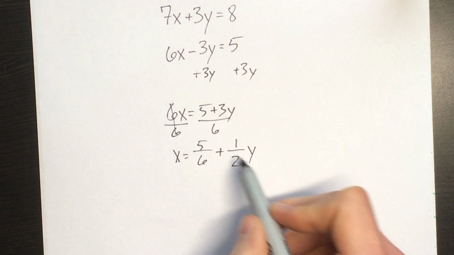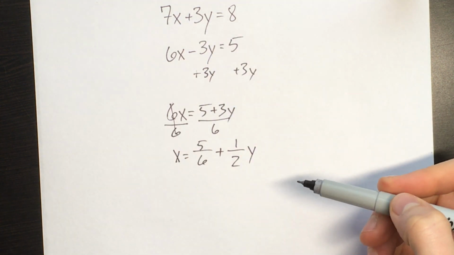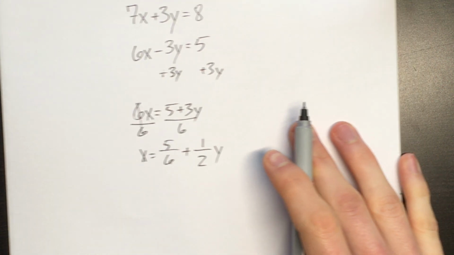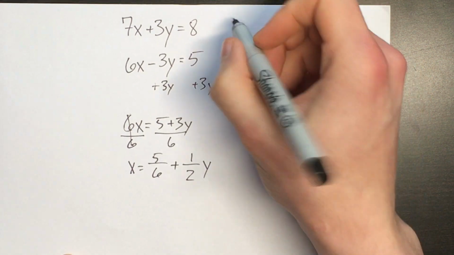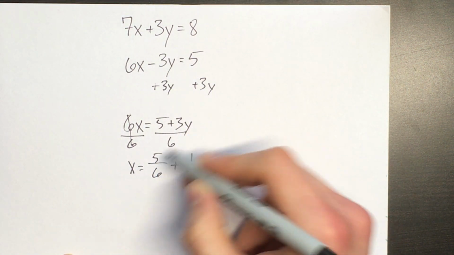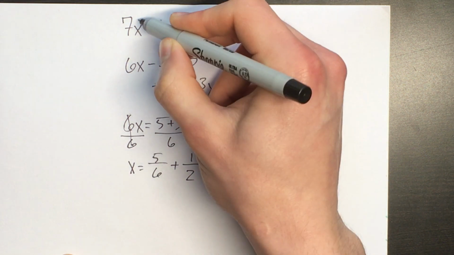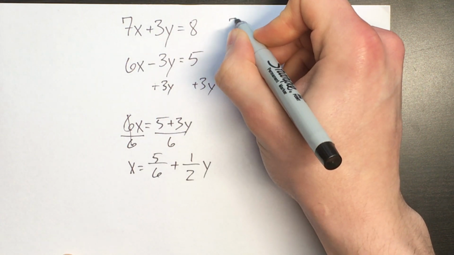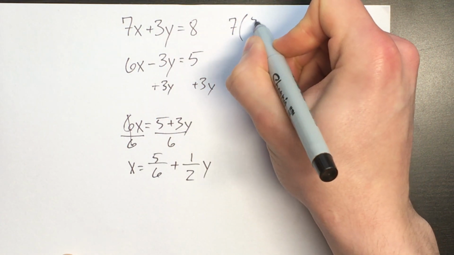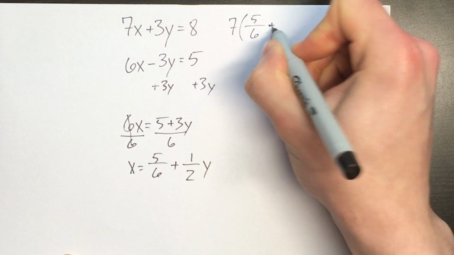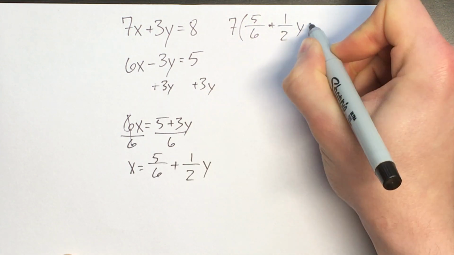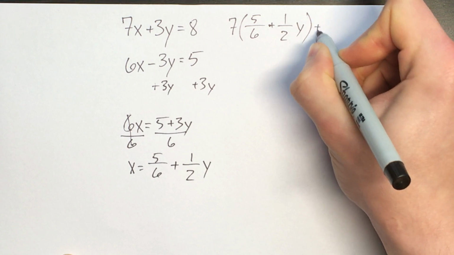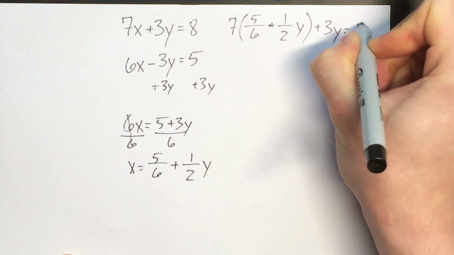Now let's plug this in for x up here. We know that x is equal to this, so we can put this in for x right here. So that'll be 7 times (5/6 plus 1/2 y) plus 3y is equal to 8.